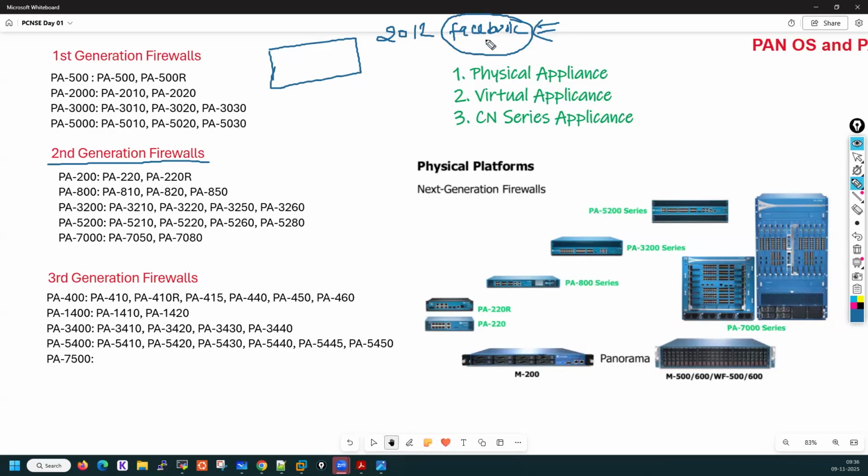On our mobile phone. What was the application size in 2012 for Facebook? Maximum 3 to 4 MB. But nowadays, have you checked what the Facebook application size is? Somewhere around 150 MB. Yes or no?